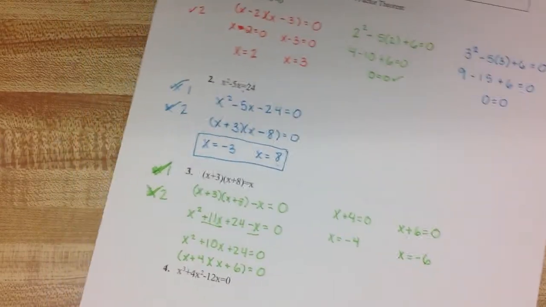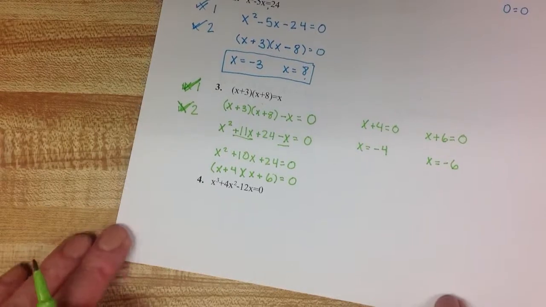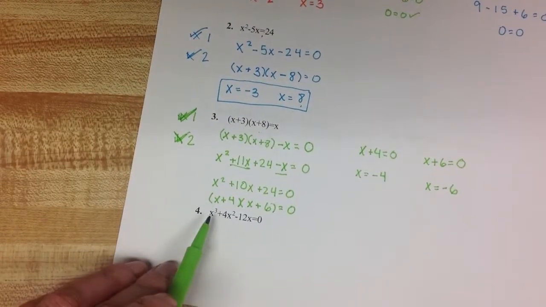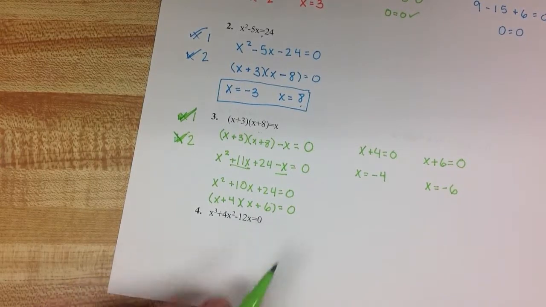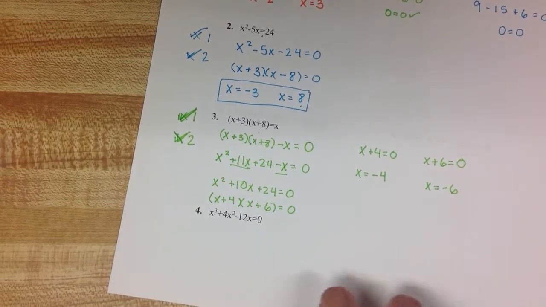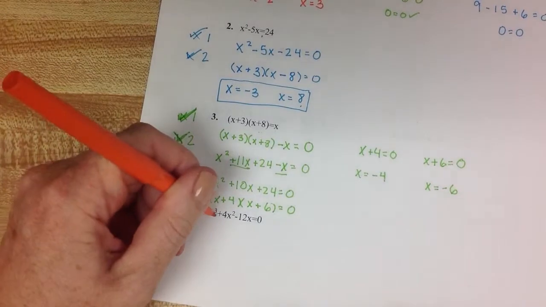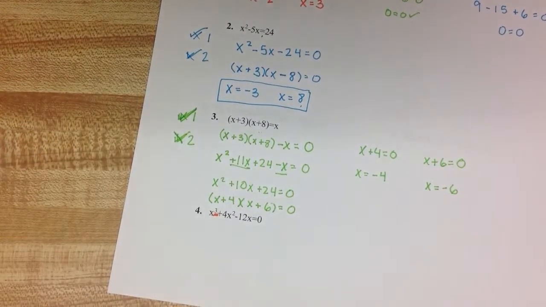We've got one final example to look at in this section, and that is an x cubed plus 4x squared minus 12x equals 0. So notice that our power of x has gone up another step.